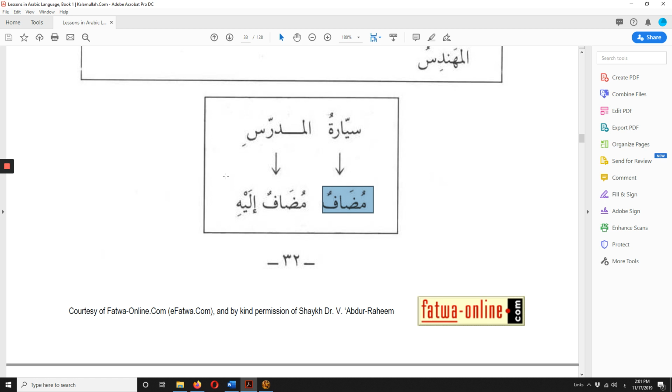And the thing that possesses it, the teacher who owns the car, is called mudafun ilayhi, meaning it's possessed by him. So this we call mudaf, the possessed item, and this we call mudaf ilayh, the possessor.